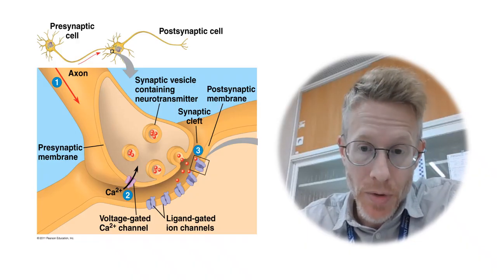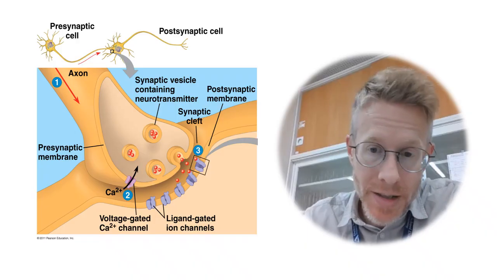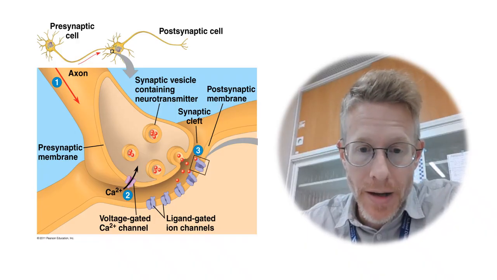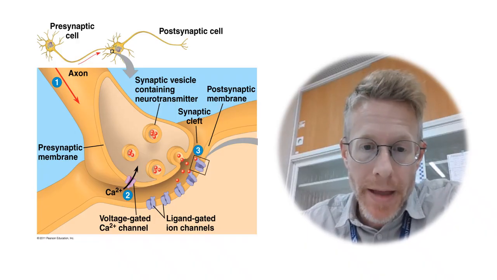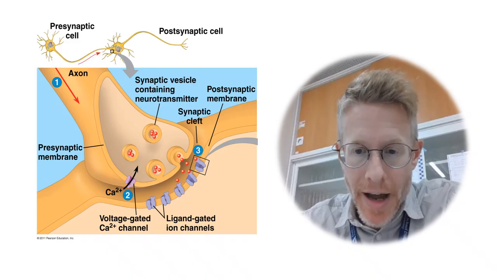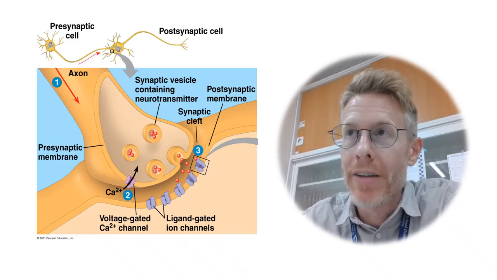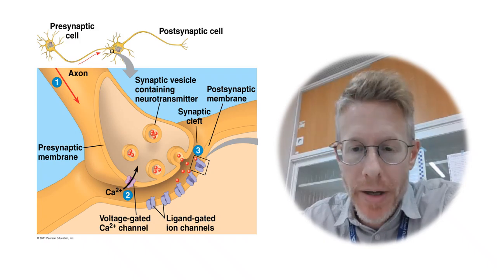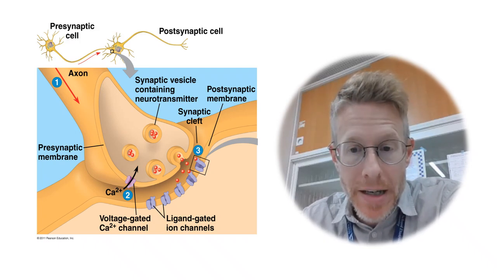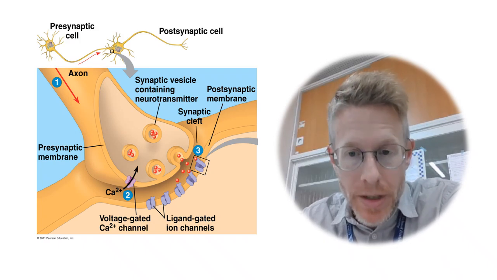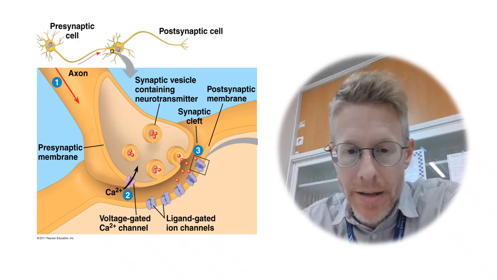Then the neurotransmitter will move by diffusion across the synaptic cleft to the postsynaptic membrane and bind to ligand-gated ion channels in that membrane. Depending on the neurotransmitter, it could have an excitatory or inhibitory effect. If it's an excitatory neurotransmitter like acetylcholine, for example, it'll bind to the ligand-gated ion channels, causing them to open.